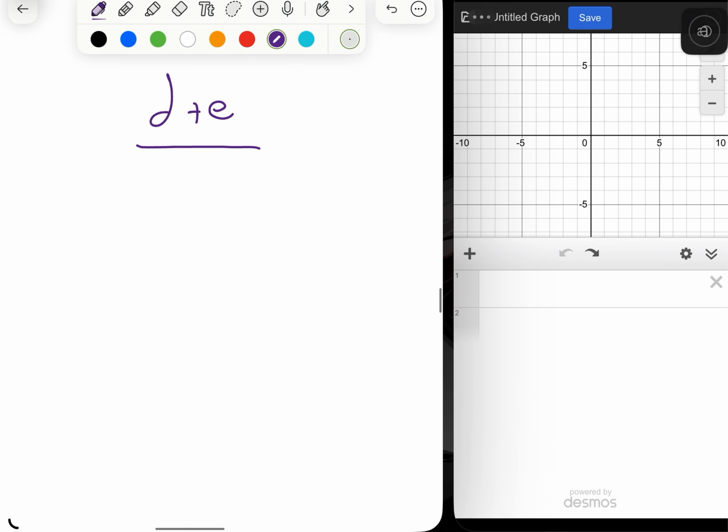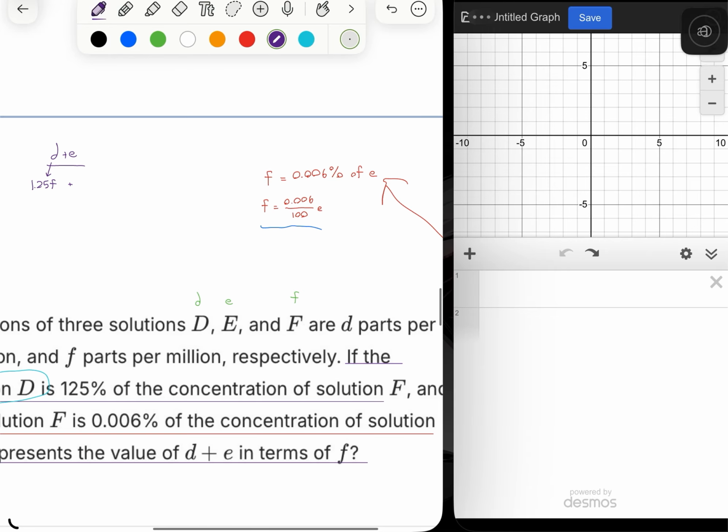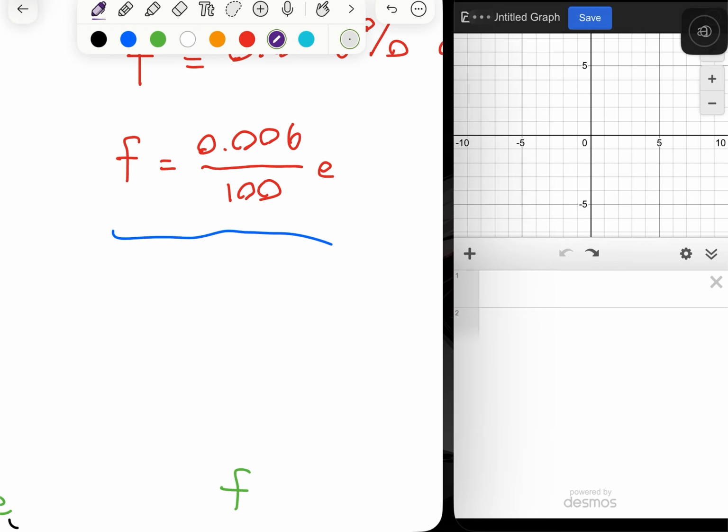So I'm going to substitute that here. So we have 1.25 F, that's D, plus, what is E in terms of F? Well, we know that F equals that times E, but we have to find it in terms of F. We have to solve for E then.